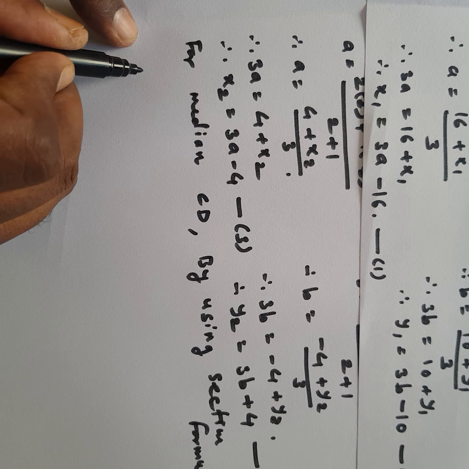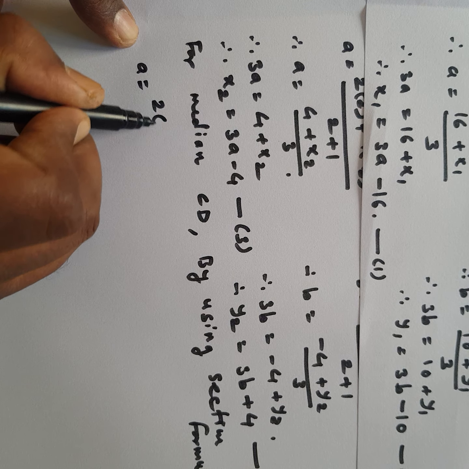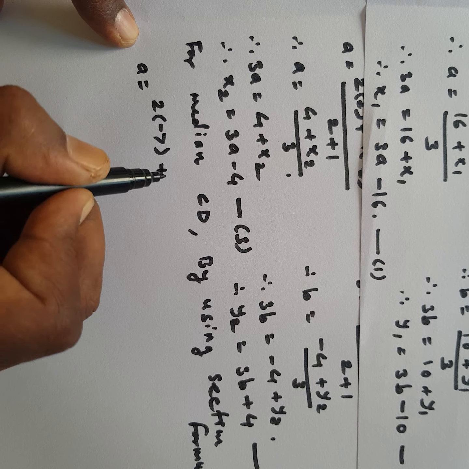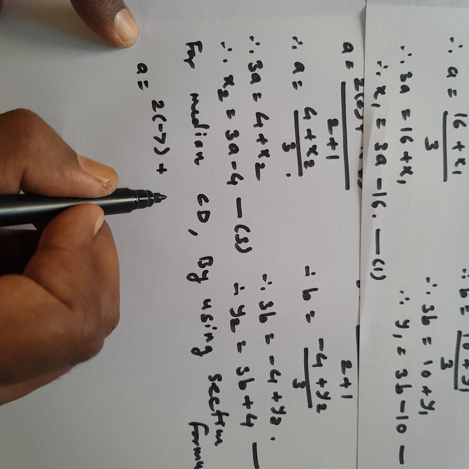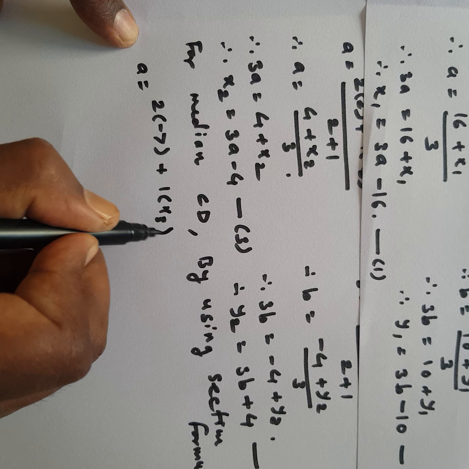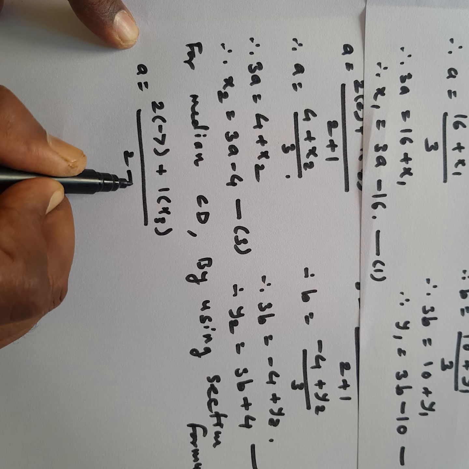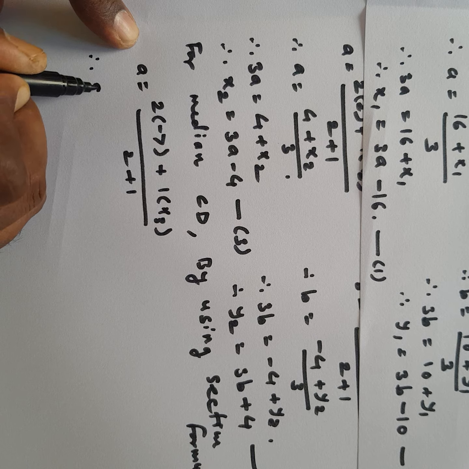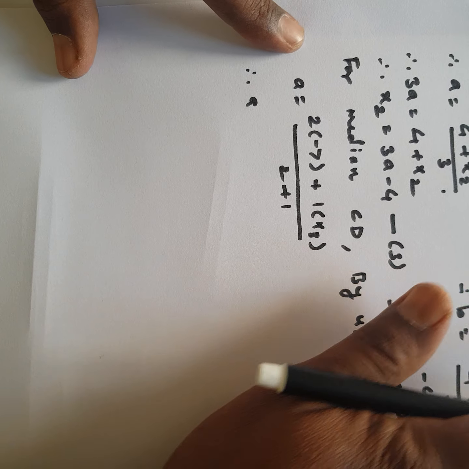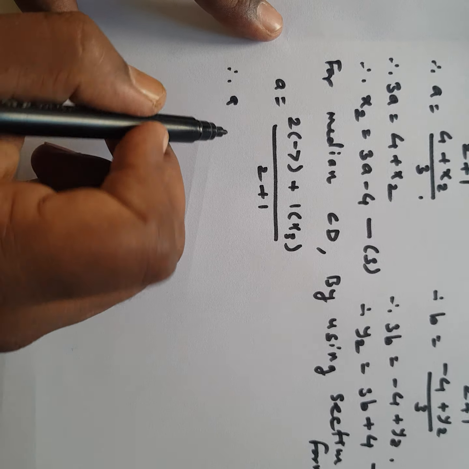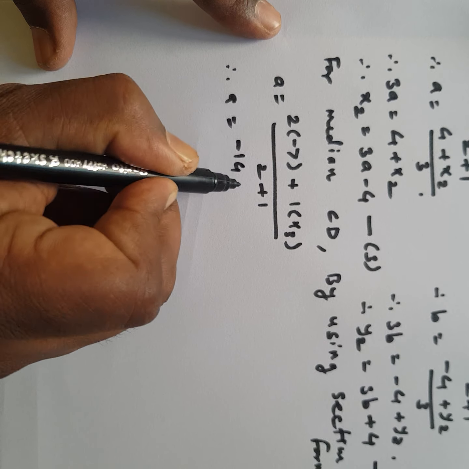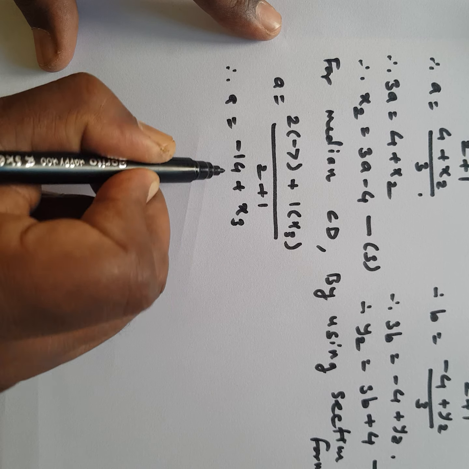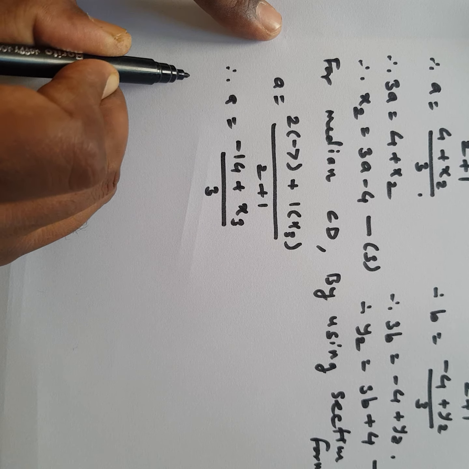First, a is equal to (2 into -7 plus 1 into x3) upon (2 plus 1). Therefore a is equal to (-14 + x3) upon 3.